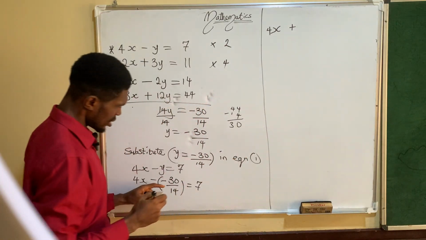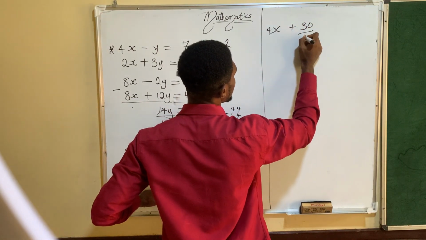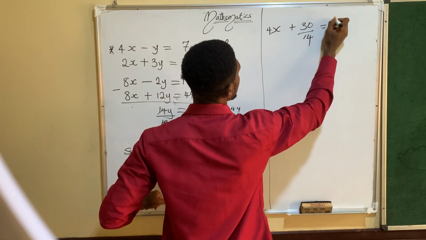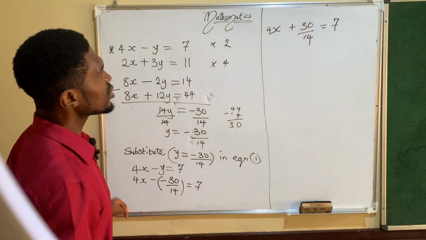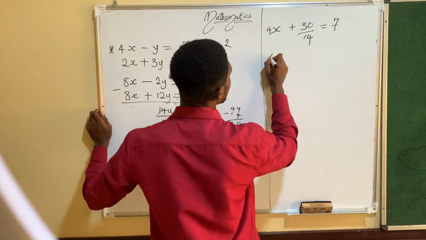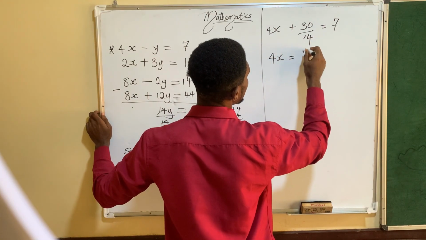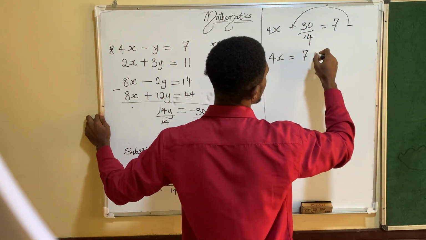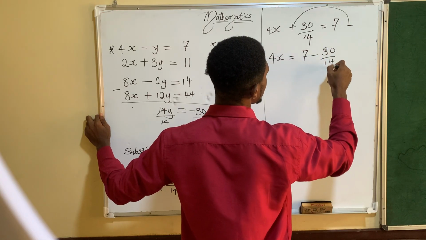Plus 30 over 14, which is equal to 7. So what we do now is that we say 4x is equal to 7. This one will cross here to change to minus. So we have minus 30 over 14.